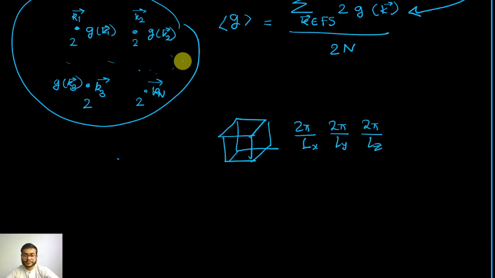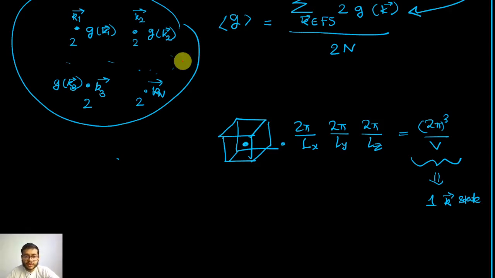Okay, so that is given as 2 pi cubed by the volume of the object that we are talking about. So this much volume in reciprocal space has one k state within it, right? Every such box will have one k state within it.